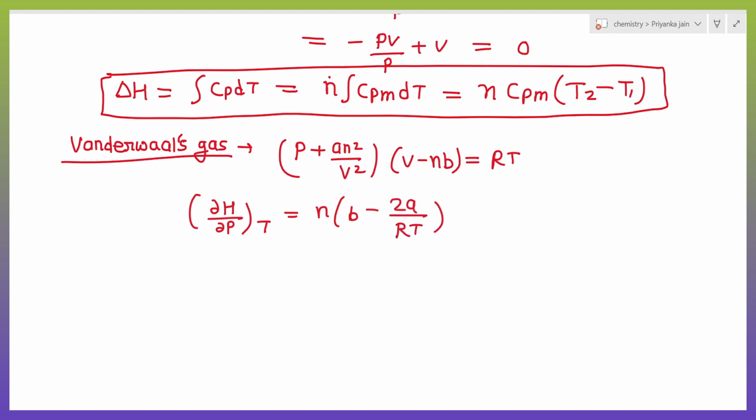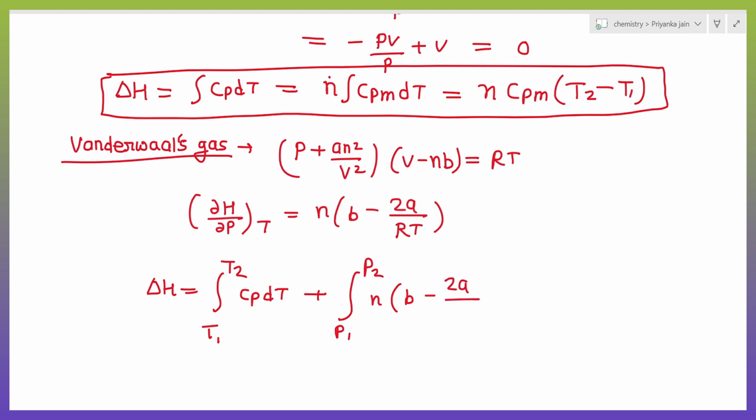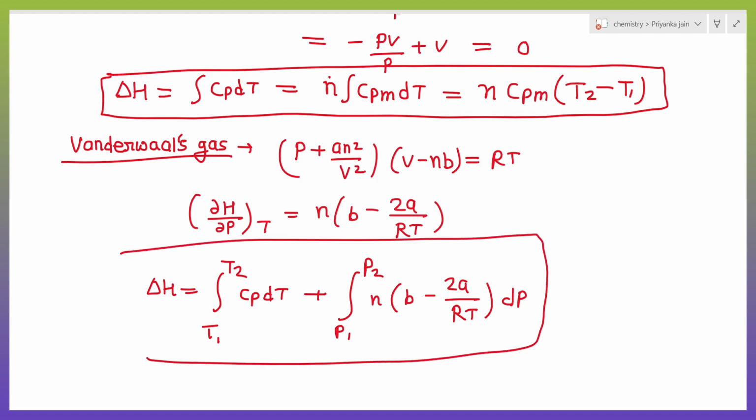So for van der Waals gas, del H will be equal to the integration between limits T1 to T2 of Cp dT plus the integration between limits P1 to P2 of V minus 2a upon RT dP. By using this formula, you can find the enthalpy change for van der Waals gases. So this is all about the enthalpy change, or enthalpy.